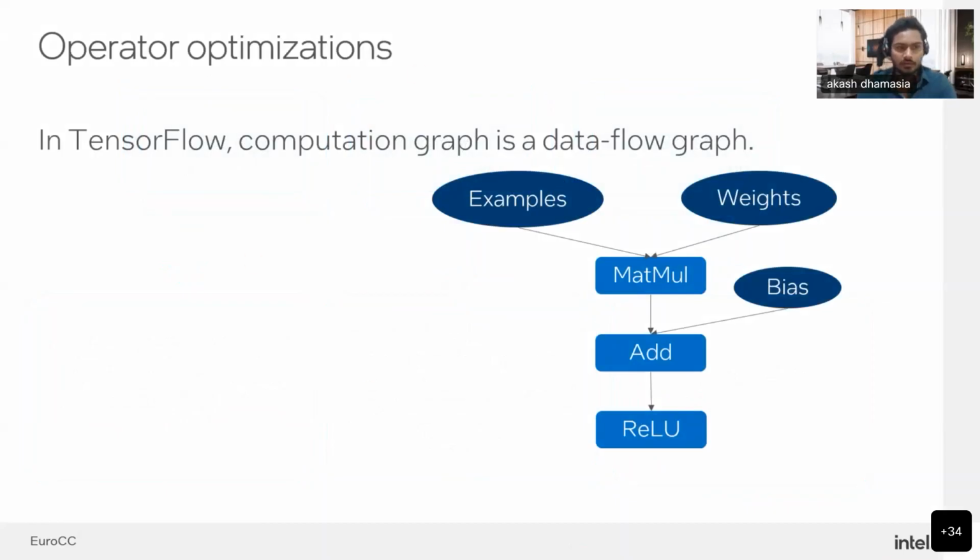I'm showing you how the operator optimizations are done. Normally in TensorFlow, all the operations use a computational graph. It converts all your operations into a computational graph. This is a simple example with matrix multiplication, add, and ReLU.